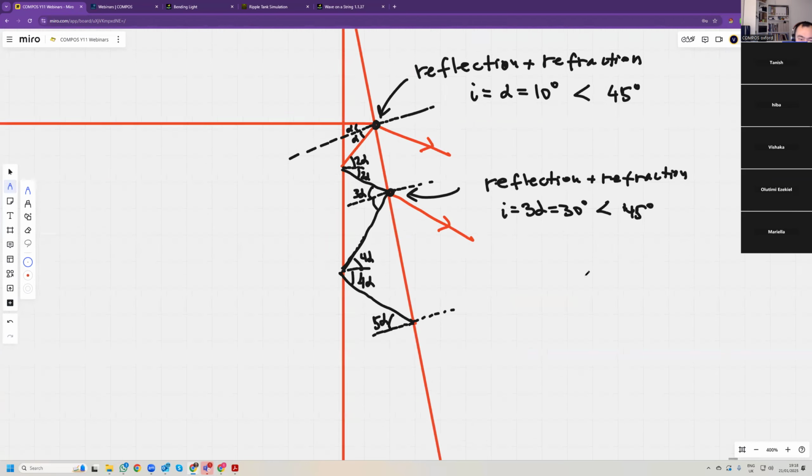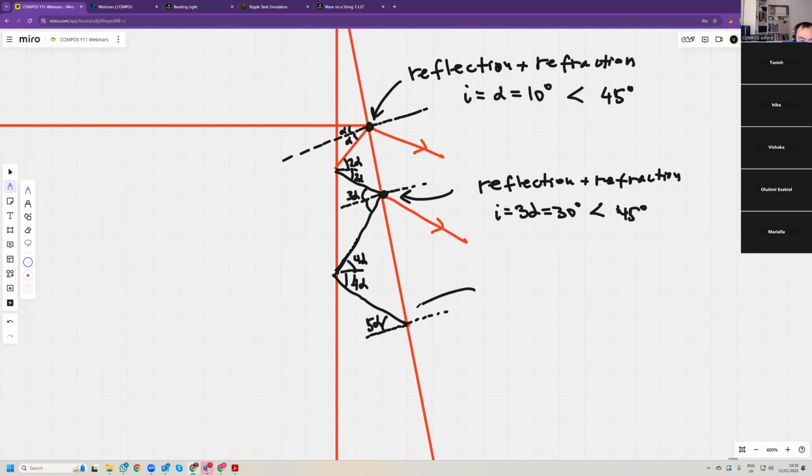Now for the third, you have reflection only, because the angle of incidence is 5 alpha, which is 50 degrees, which is greater than 45 degrees. So that's how it works.